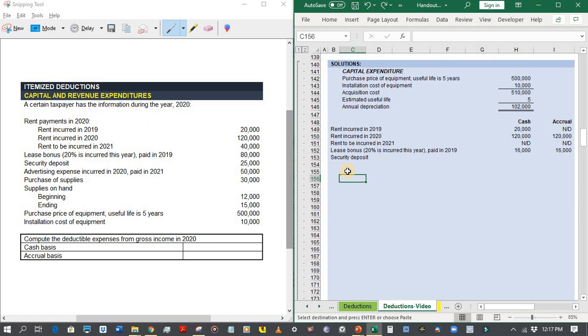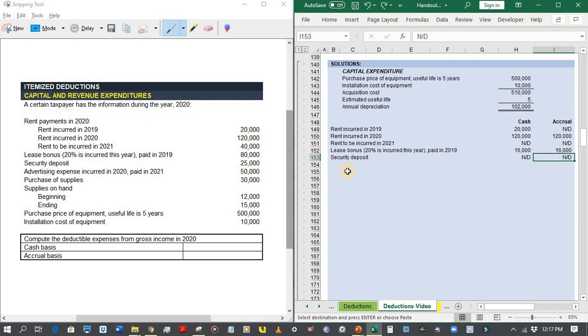That is the purpose of a security deposit. However, in case there are no damages, the security deposit shall be returned to the lessee. So this is a refundable deposit. That is why the 25,000 is non-deductible for both cash basis and accrual basis.